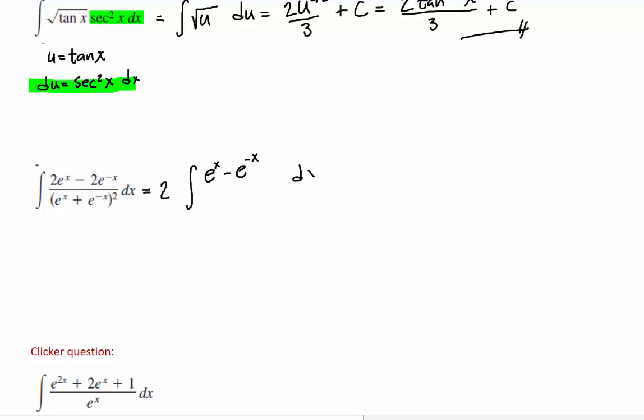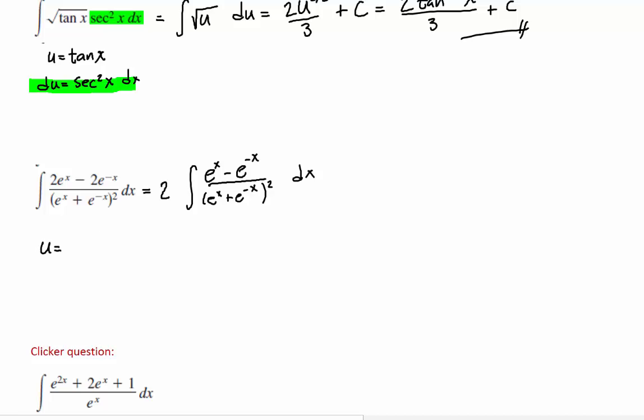Then I have that dx, and then I have e to the x plus e to negative x, squared. Oops, I forgot a square. Look at this expression right here. Derivative of e to the x, e to the x. Derivative of e to negative x, negative e to negative x, which is just what I have right here. So this substitution works great.